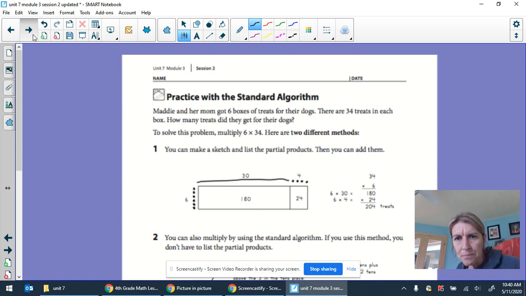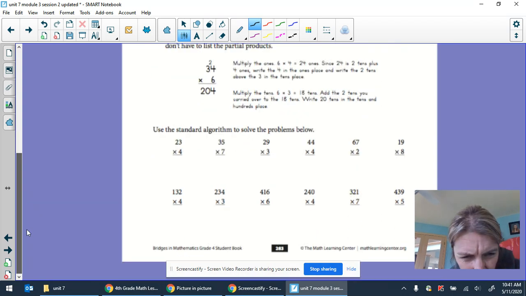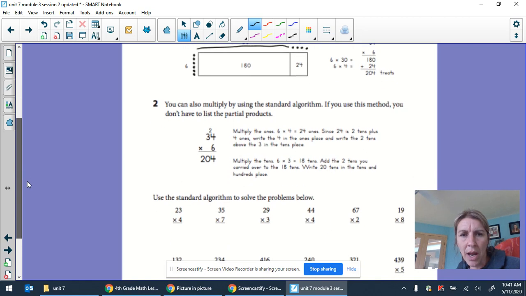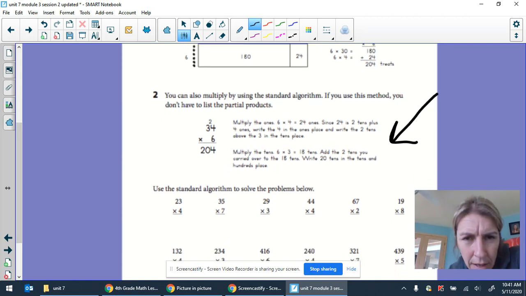But continuing, I think this is one of your SB pages. Yes, student book. This is one of your student book pages. So it's just practicing. And here, I want you to notice this reviews what Mrs. G said with the steps. It says multiply the ones, 6 times 4.